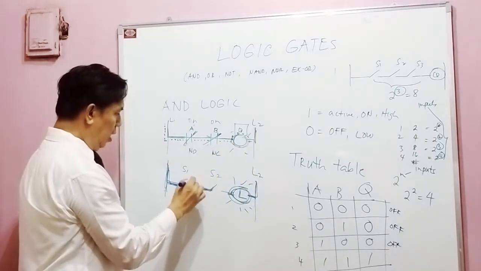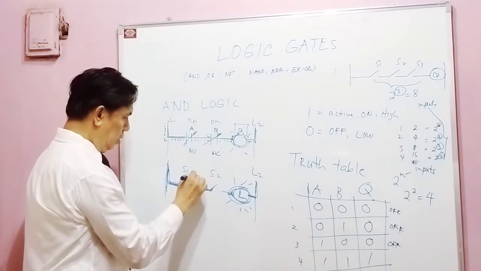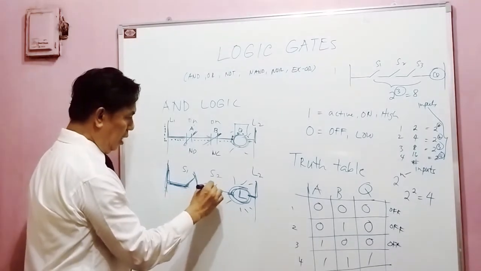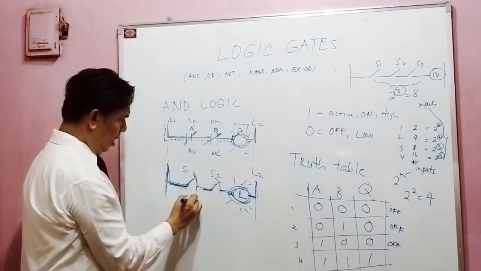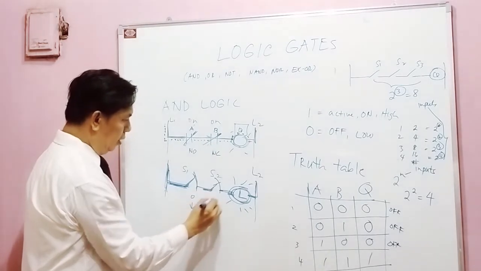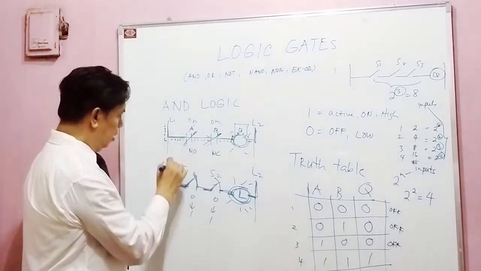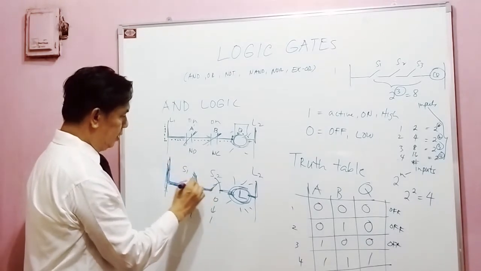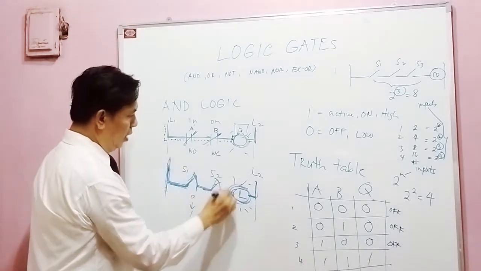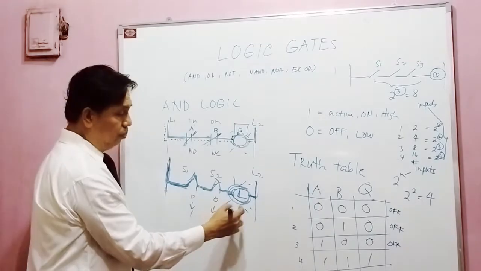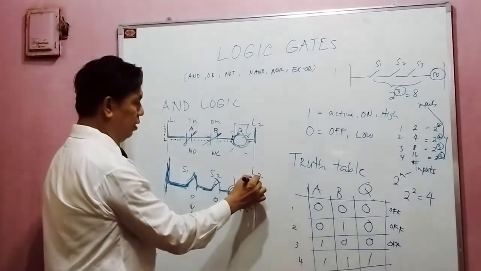So here, I switch this, it will have a contact. I switch this, it will have a contact. The 0 becomes 1, the 0 becomes 1. Then the electricity or the signal can pass here, and energize whatever output we have, and then it will reach line 2.